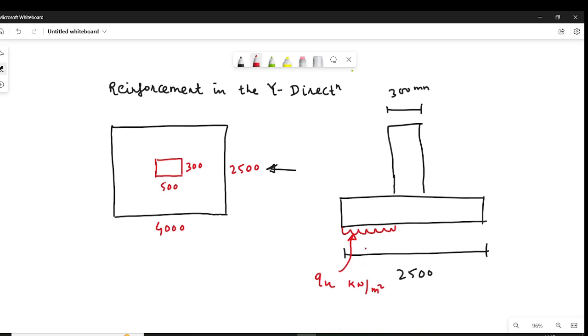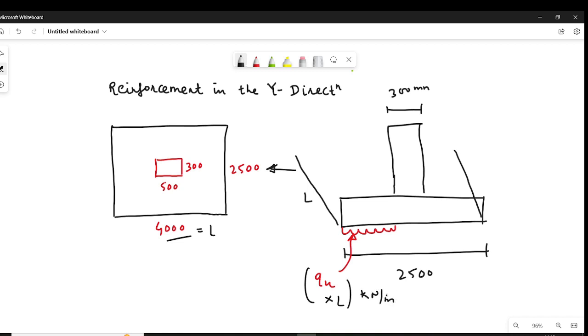We can do that by multiplying by the lateral dimension of the footing, which in this case is 400 mm, denoted by L. So when you multiply QU into L, the unit will be kilonewton per meter.